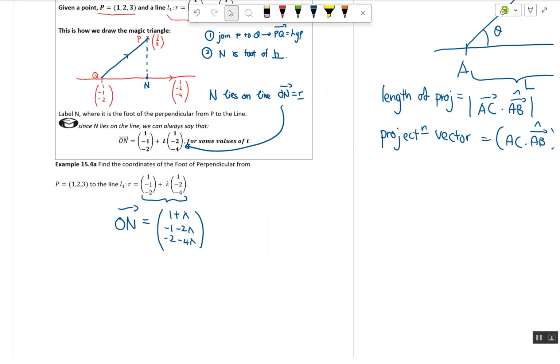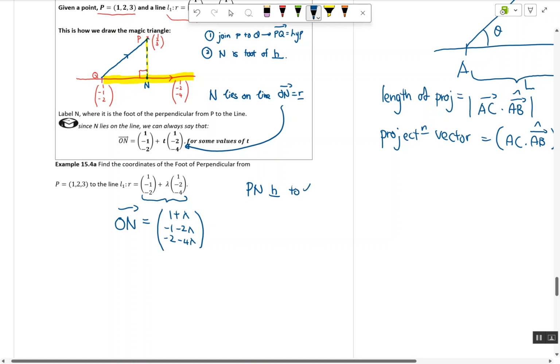Once I have ON already, how am I going to get ON? Because I can form this right angle triangle. PN is perpendicular to the line. I know that when two vectors are perpendicular, PN is perpendicular to L. So this means that PN dot the direction vector of L will always equal 0.